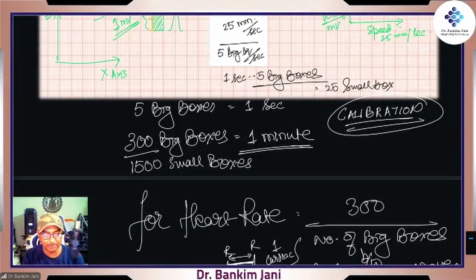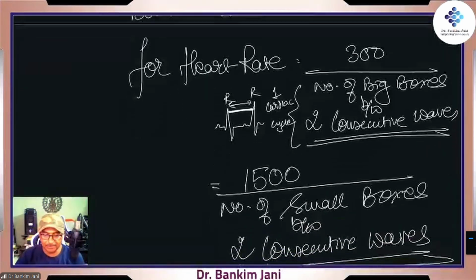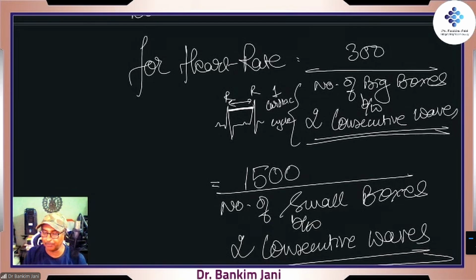So there will be 300 big boxes per minute, or 1500 small boxes. This is what is called calibration. It is to be done whether digital or manual, but it has to be done before we start any ECG recording. So the easy part: heart rate is 300 divided by the number of big boxes between any 2 consecutive waves.